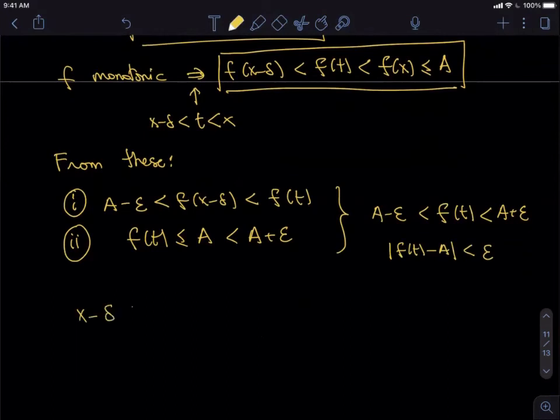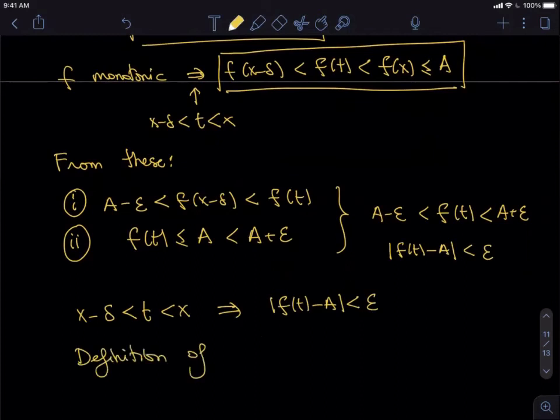X minus delta less than t less than x implies absolute value of f of t minus a less than epsilon. Okay, so this is the definition of the limit from the left being equal to a. Okay, for every epsilon, we saw there exists delta, and so on. So this proves the first part of the theorem.